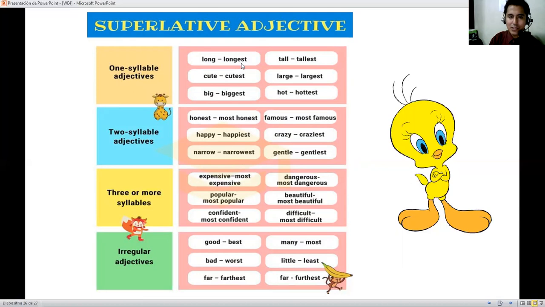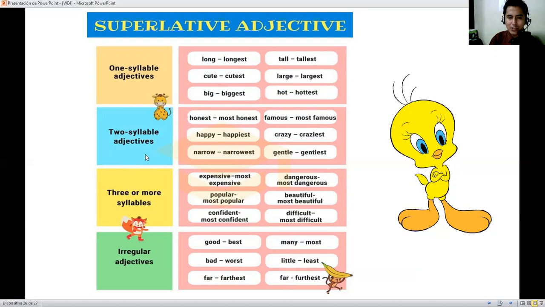Just when it finishes in consonant, vowel, consonant, we are going to have a double consonant to make the superlative. Long, longest. Cute, cutest. Big, biggest. Tall, tallest. Large, largest. Hot, hottest.